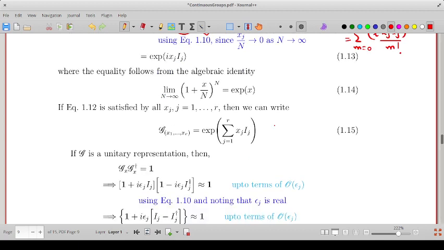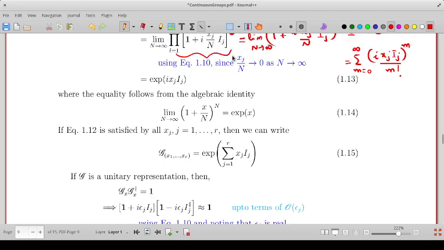Now, if all parameters are varied for g, x1 up to xr, this formula gets generalized to this one, where instead of xj ij, we need to take the sum over j running from 1 to r of xj ij, inside the exponential.